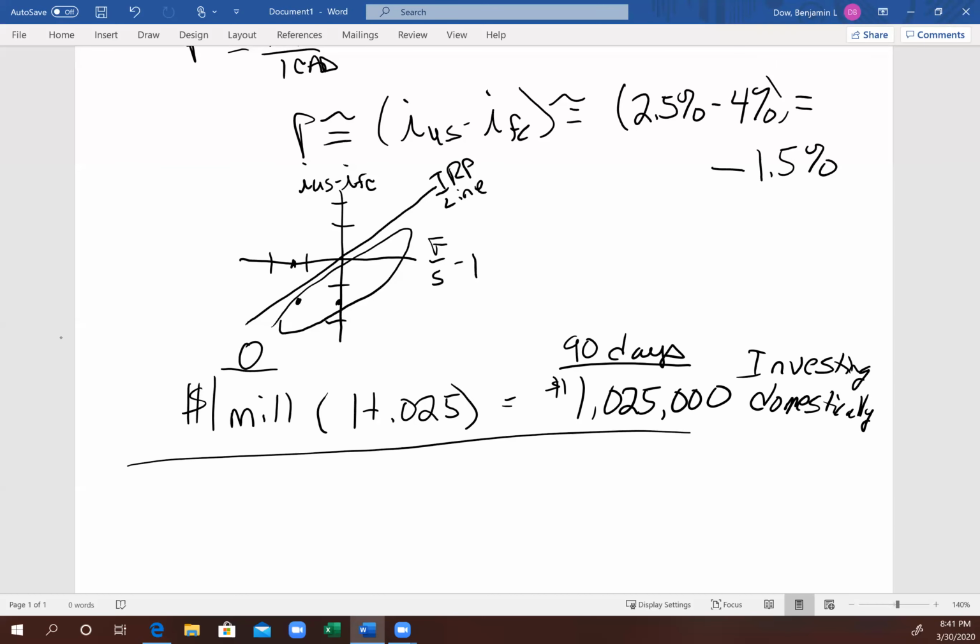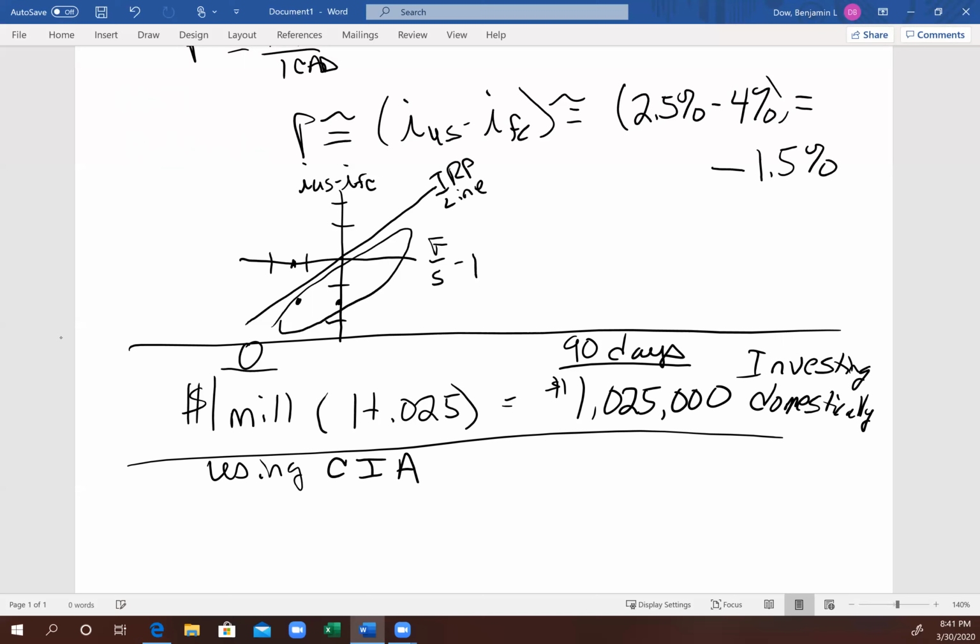Now, using covered interest arbitrage, the $1 million gets converted into Canadian dollars at a spot rate of 80 cents.